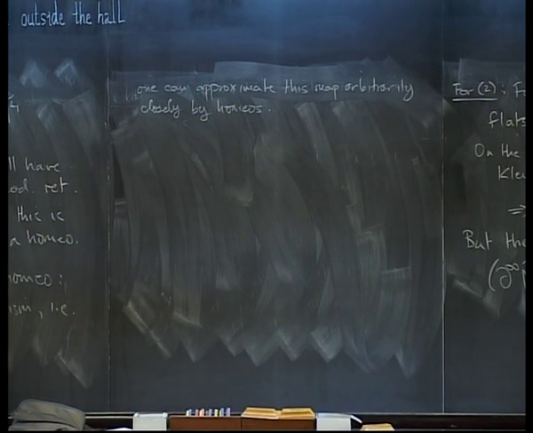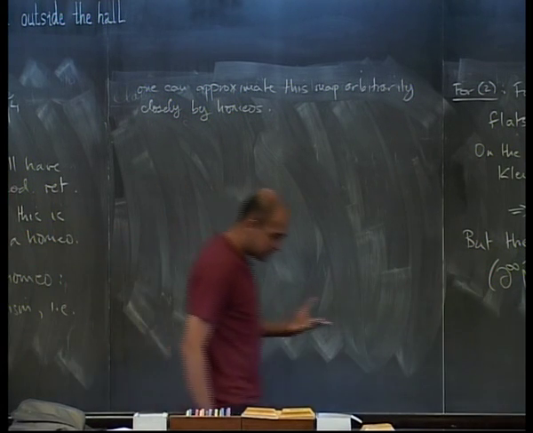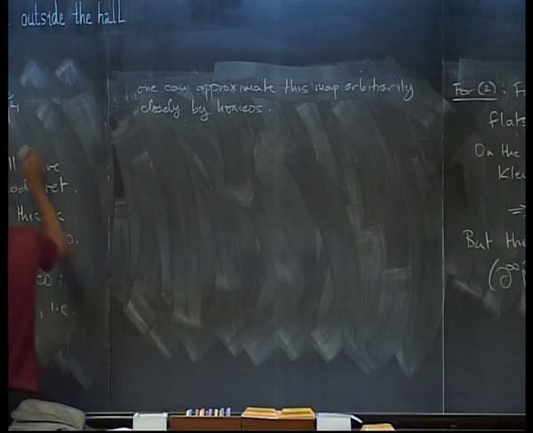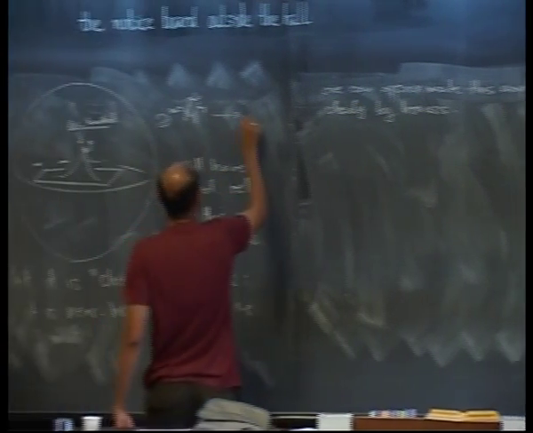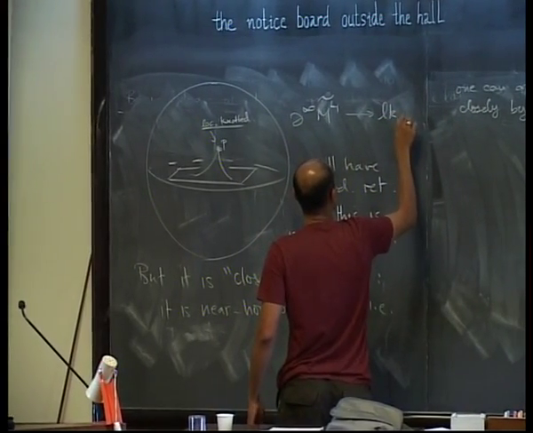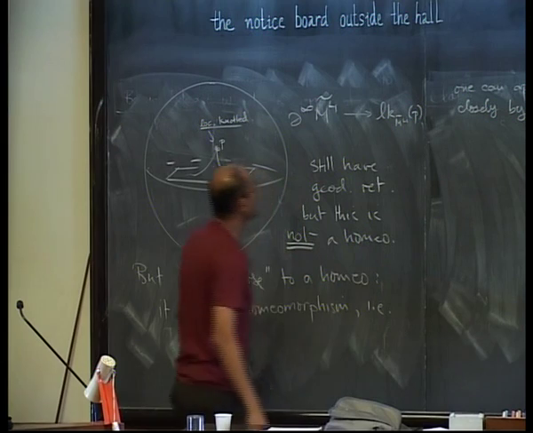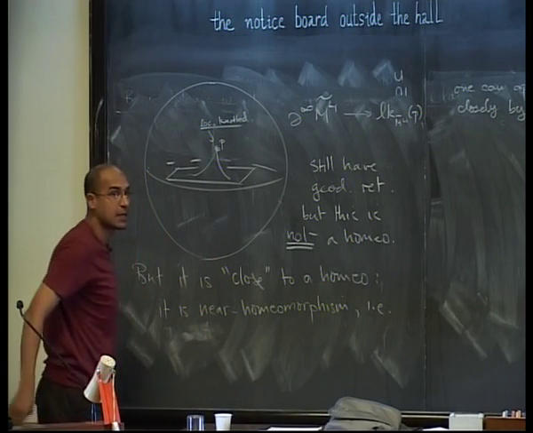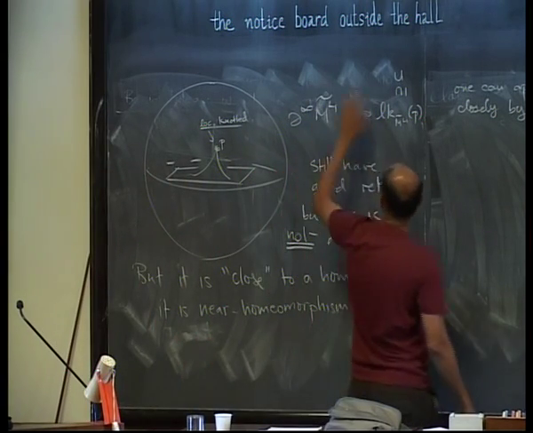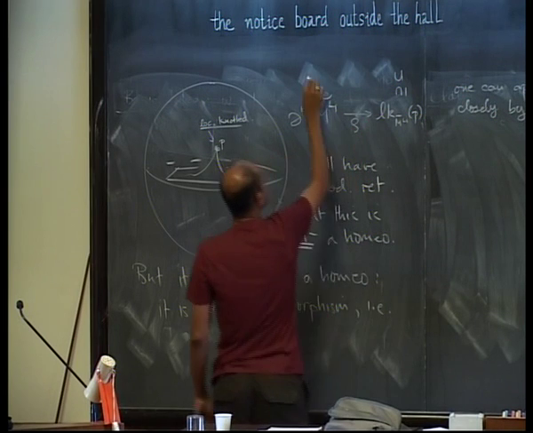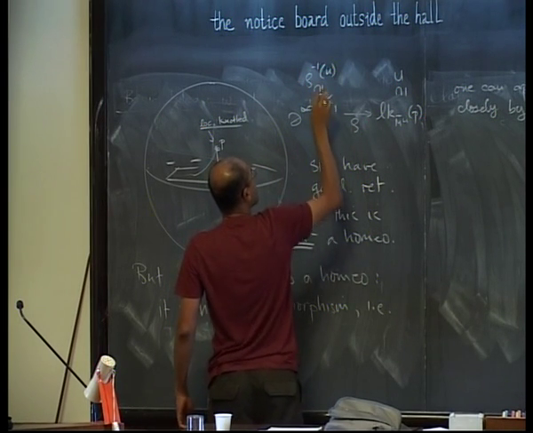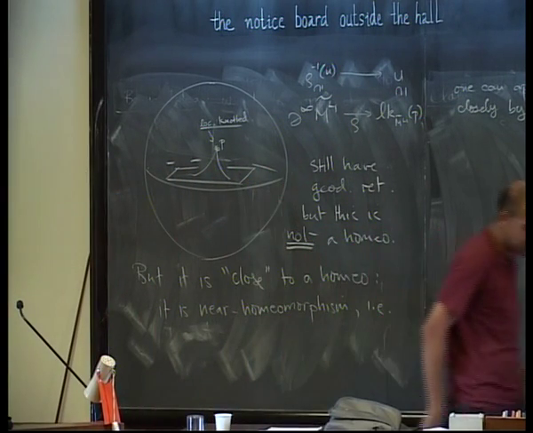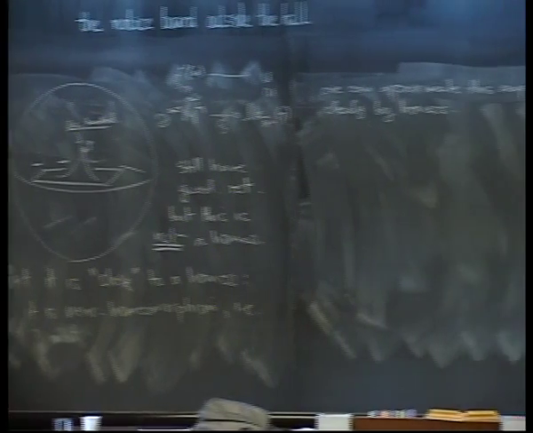Not only that, but in fact the same statement holds for any open subset in the local picture. We've got the boundary at infinity of M4 tilde going to the link of M4 tilde at P. If you take any open set U here and look at its preimage, the same statement holds for the restriction of this map rho to rho inverse of U. All these restrictions can be approximated arbitrarily closely by homeos.